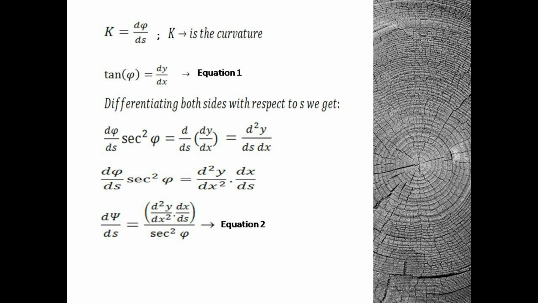In the next step, we multiply the right hand side by dx on both the numerator and the denominator, so that it becomes d square y over dx square multiplied by dx over ds. Further, we rearrange the terms so that we get the value of d psi over ds, and we call this equation 2.